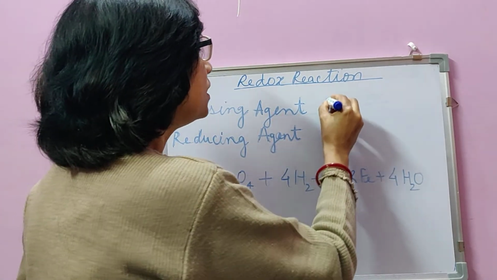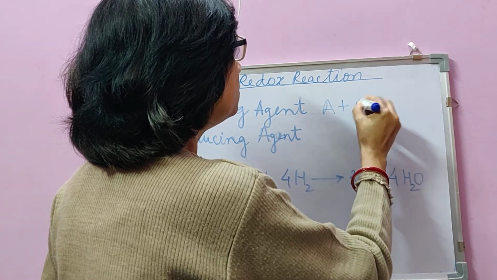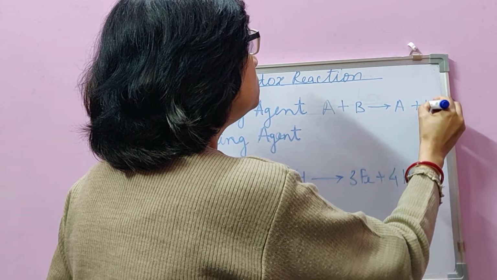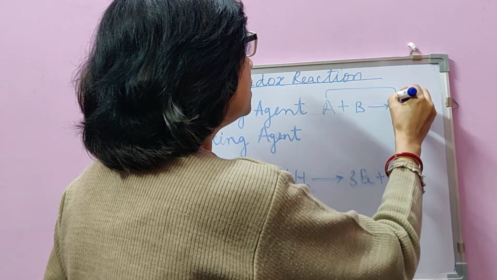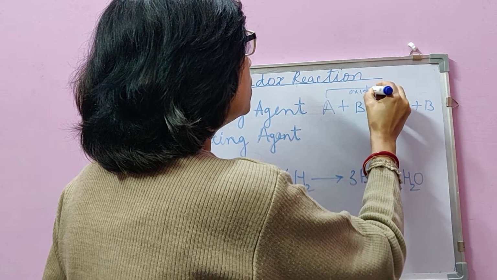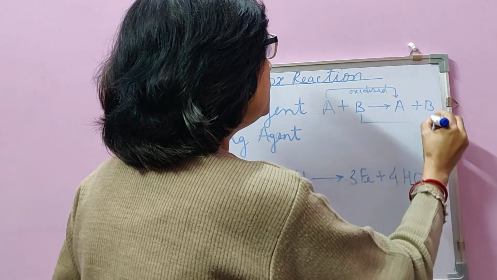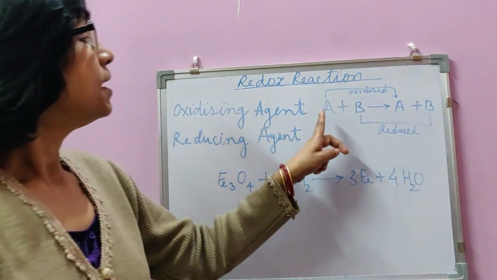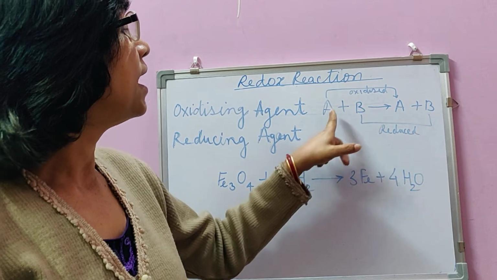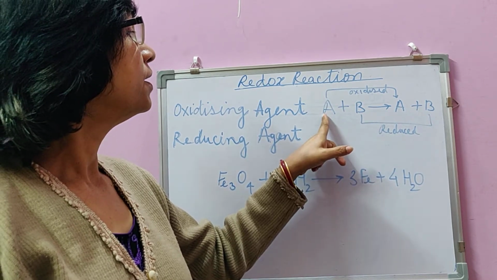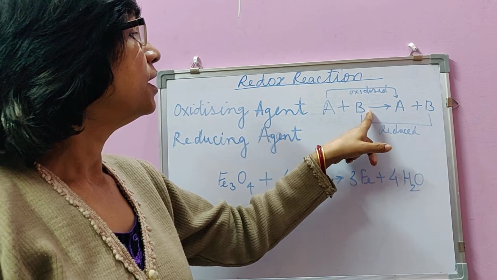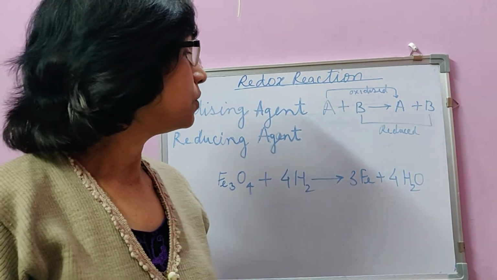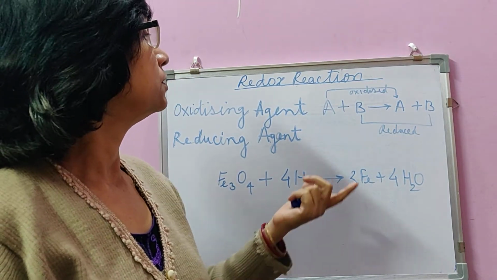I told you that if there are two substances A and B, and A is oxidized whereas B is reduced, then B has helped in the oxidation of A and A has helped in reduction of B. How? By loss and gain of electron or oxygen or hydrogen.